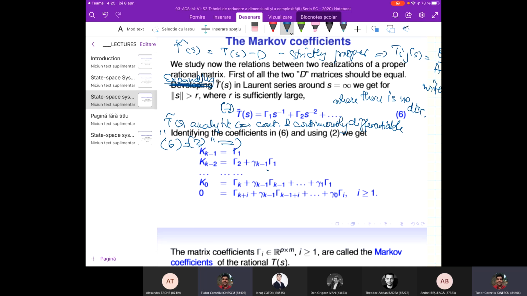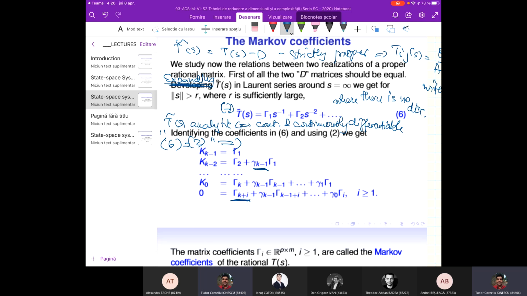These are the coefficients of the denominator, I remind you, and so on and so forth, down to 0. So this one can be solved recursively. Can you see that? You first determine gamma 1, then you determine gamma 2, and so on and so forth, up to gamma k plus I.